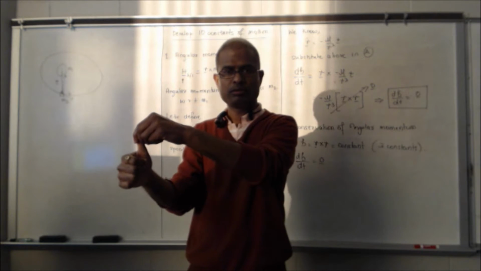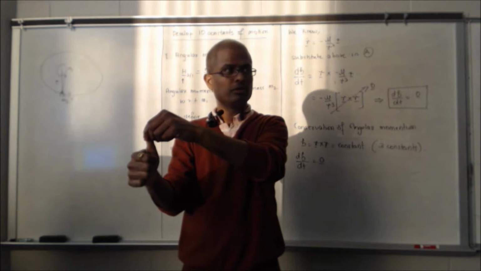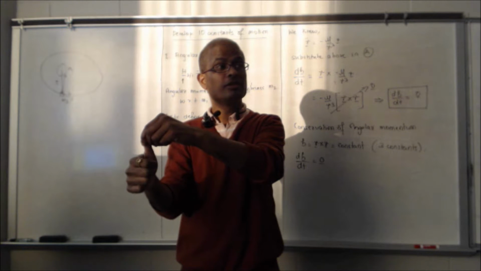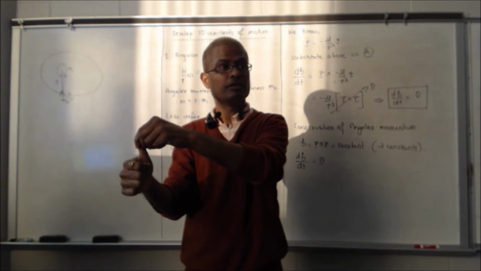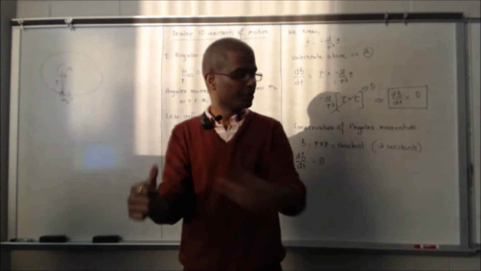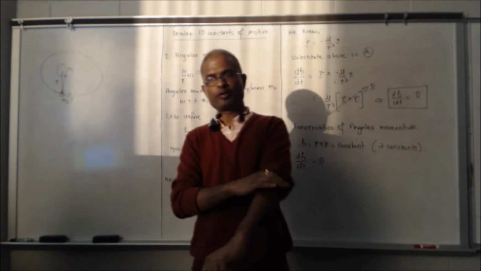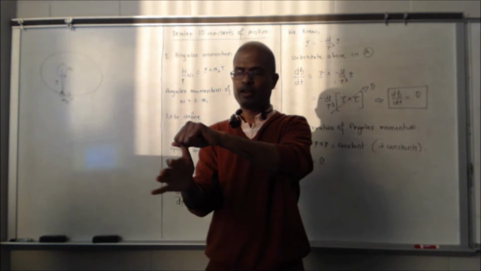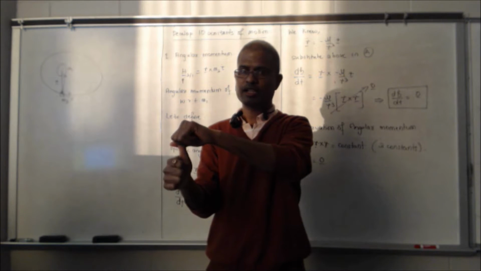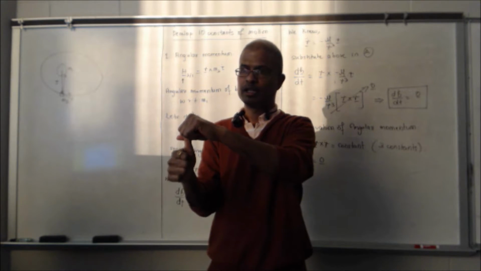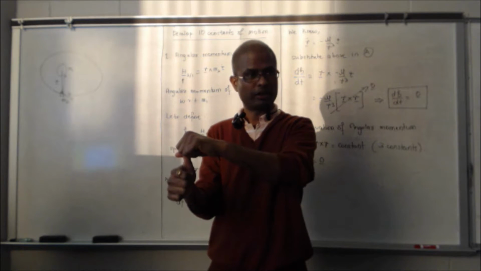Why? We just proved that this has to be constant. And when we say this has to be constant, it has to be constant in direction as well as magnitude.